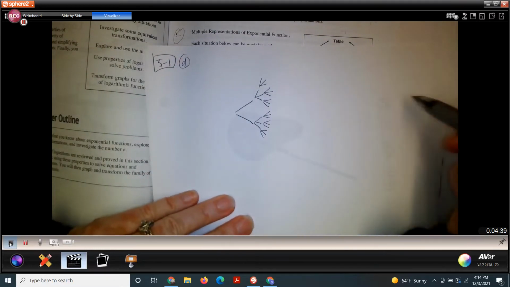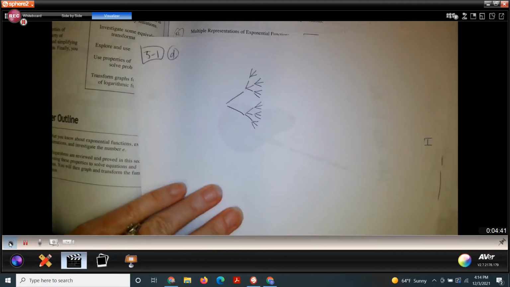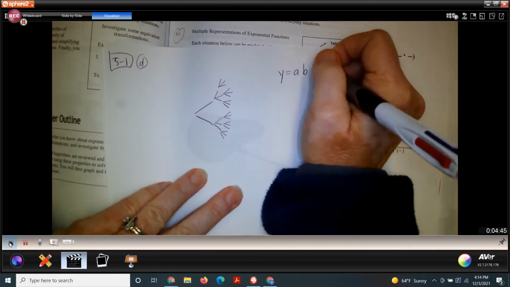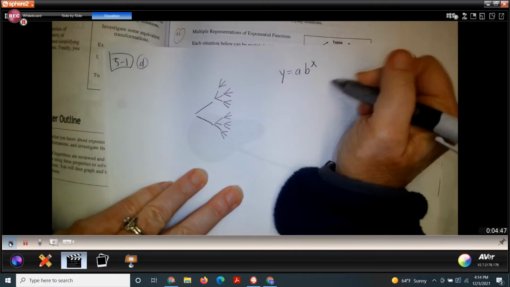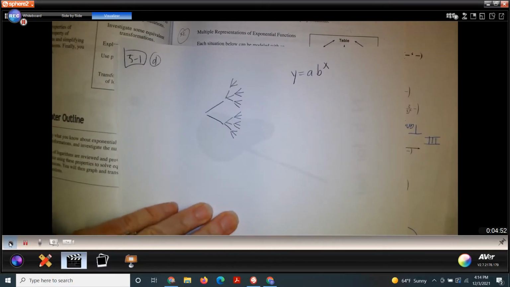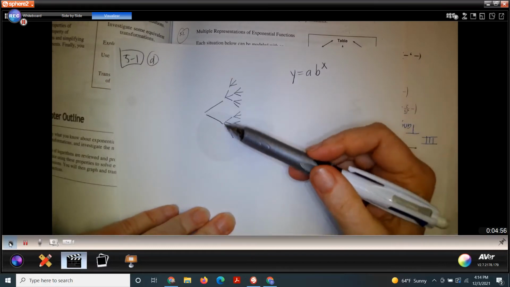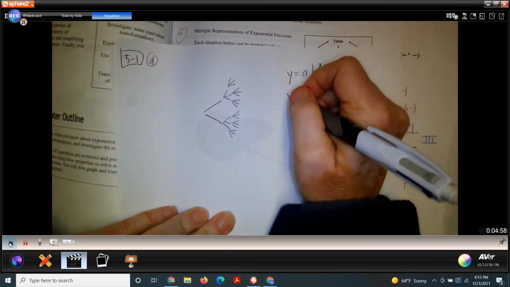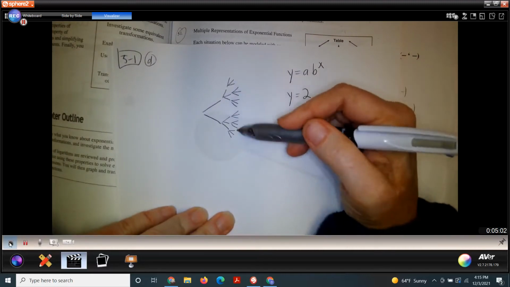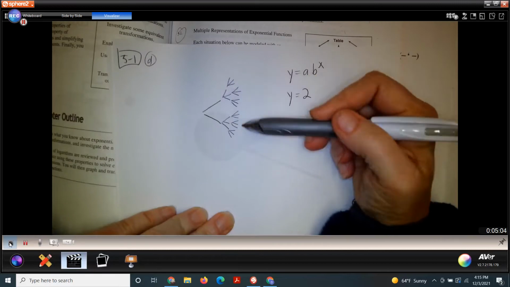And then it would keep going on and on. So we're trying to get Y equals A times B to the X. We need to get a formula or an equation. So the starting point is going to be 2 because there's 2 students to start with. And I wanted the multiplier to be 3 because it's tripling.